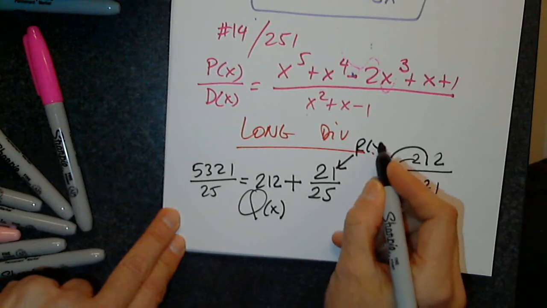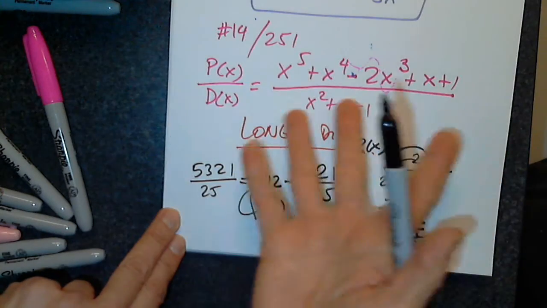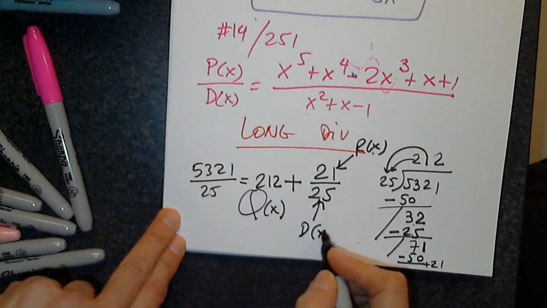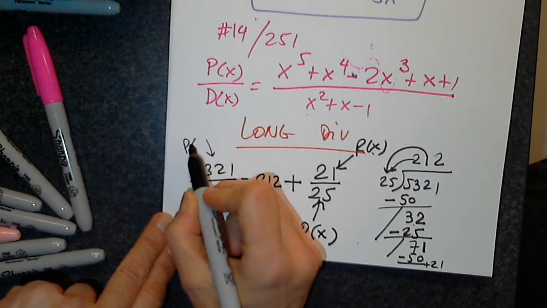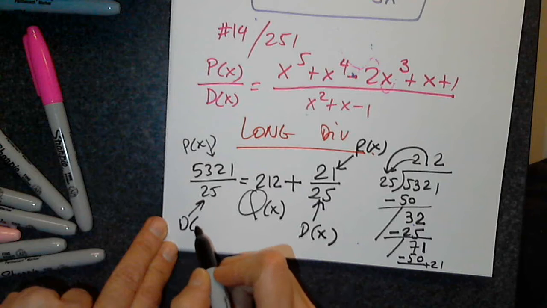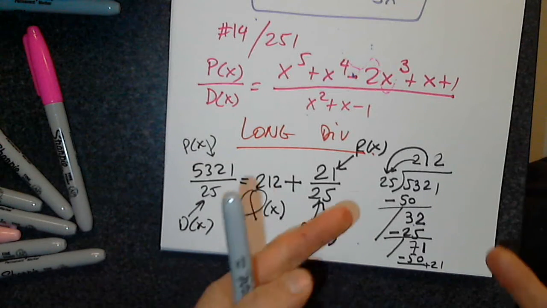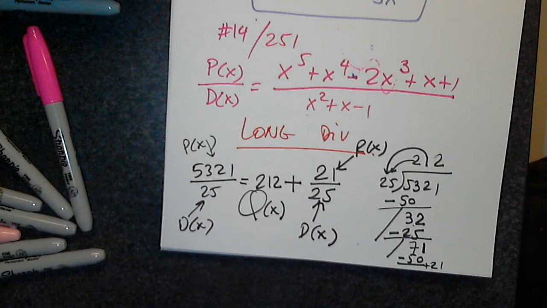This is the remainder, which will be a function of x, because we have x in here. And this is the divisor. This is the original polynomial, and of course this is the divisor. Okay? The procedure is the same. Of course it will be strikingly different because there is x in there, but it's the same procedure.